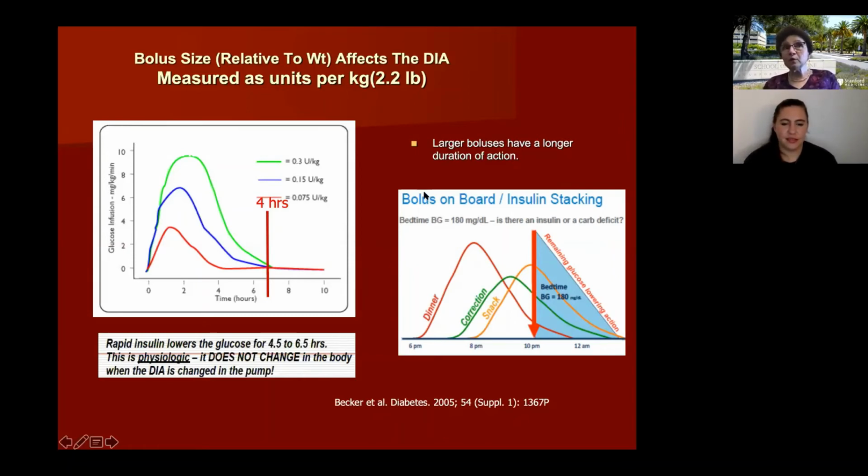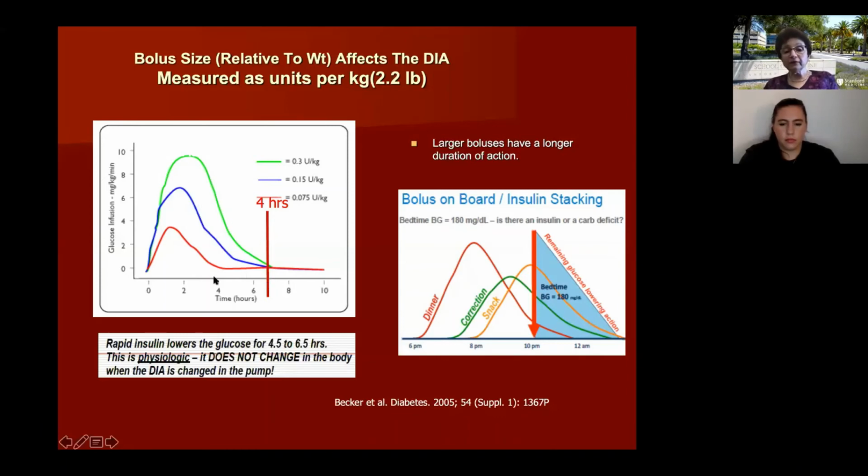You may be more insulin resistant, you may be more insulin sensitive, but realize that when the pharmacokinetics and pharmacodynamics of the insulin were tested, they were tested with different insulin sensitivity. And you can see with different doses per unit per kilo, you can get different spikes and different bolus on board, depending on what your insulin duration is set to.